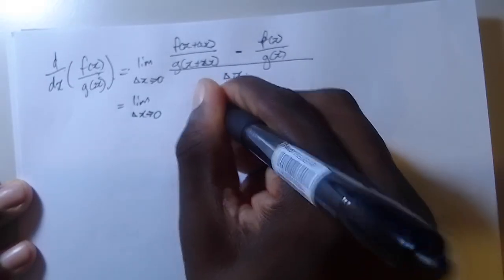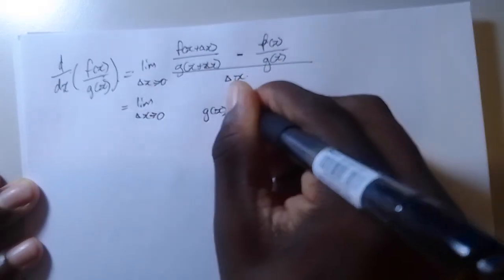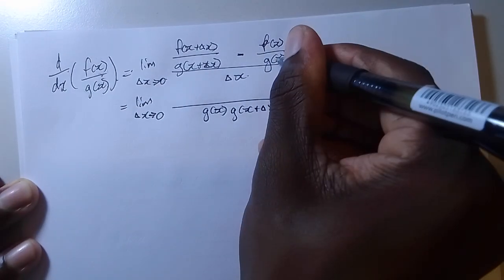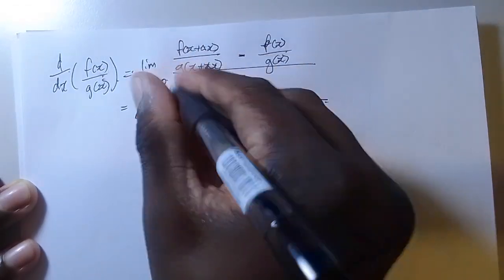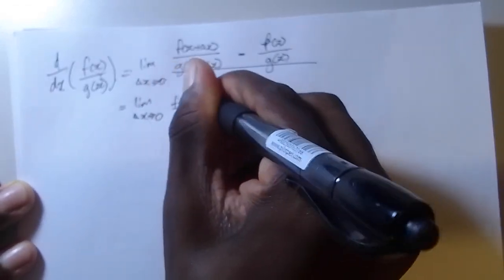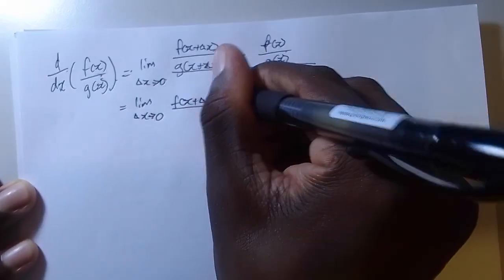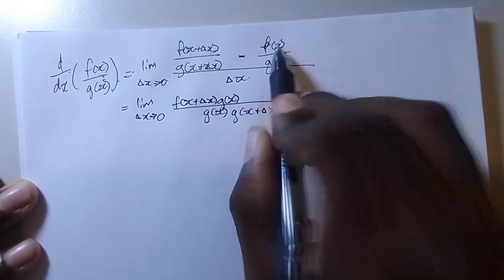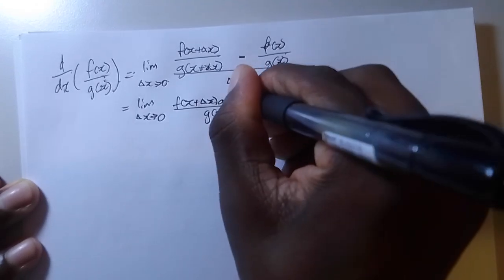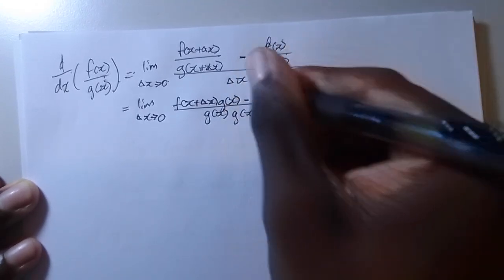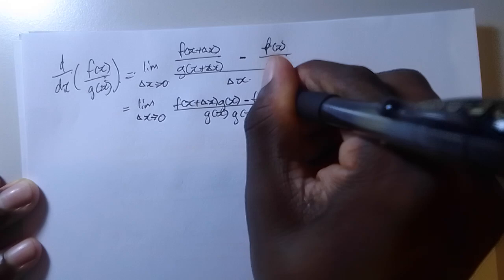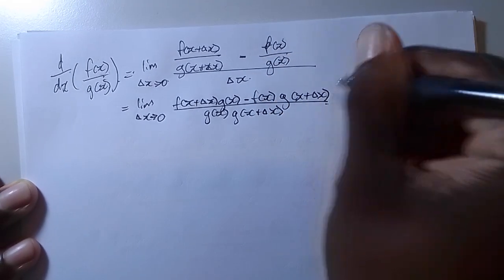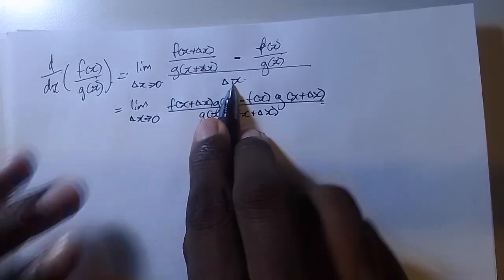So we will have g(x) times g(x + delta x), and we'll have this multiplied by that, which will be f(x + delta x) times g(x), and we have this multiplied by that, which will be negative f(x) g(x + delta x), and we still have this delta x.